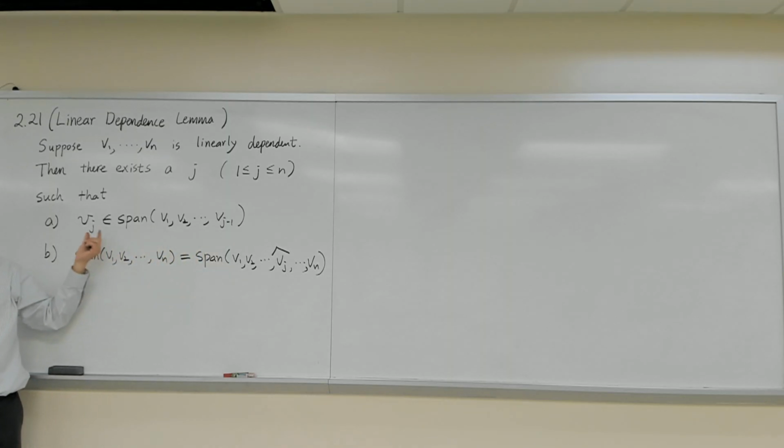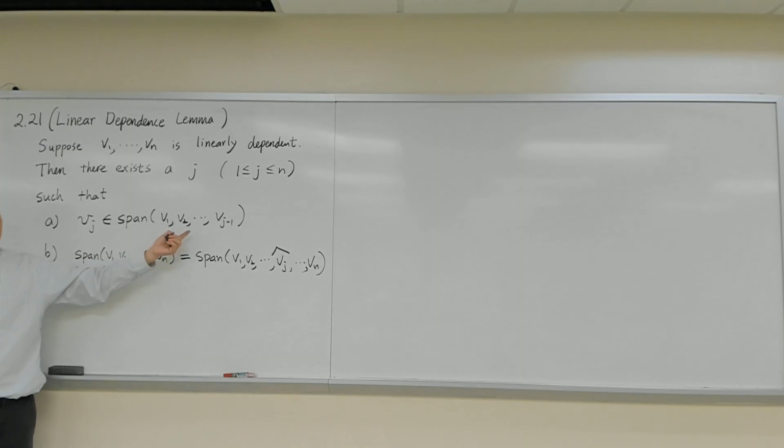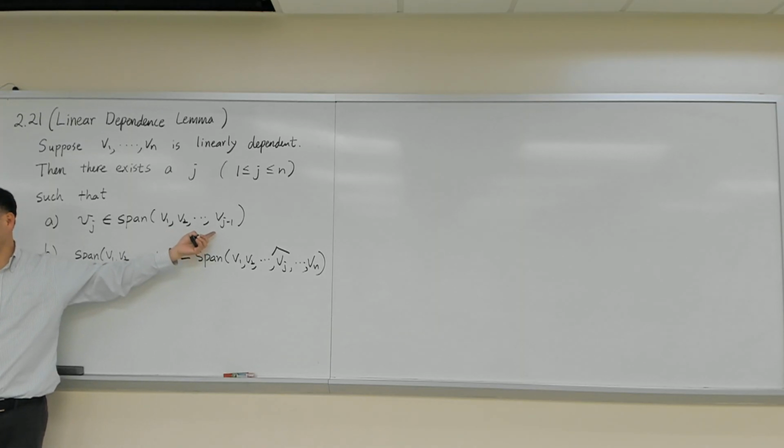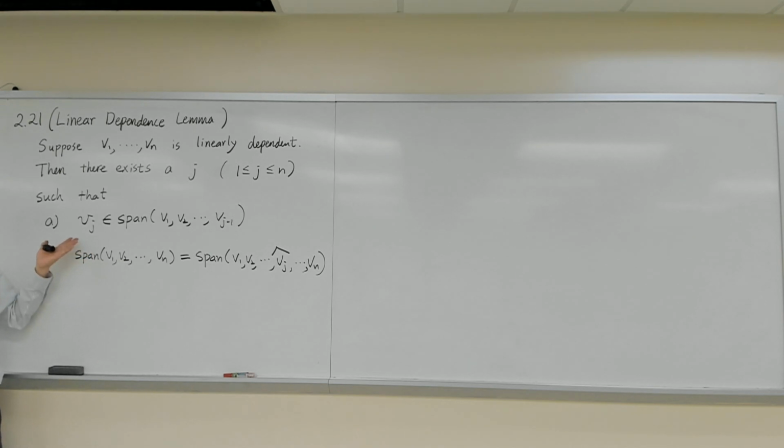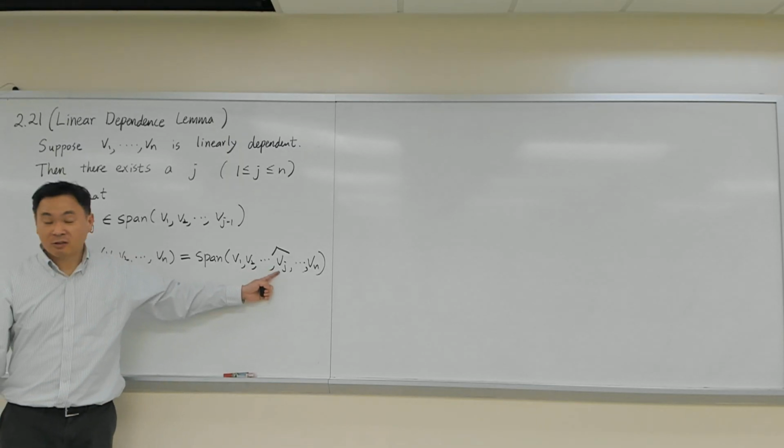What does that mean? That means Vj is A1 times V1 plus A2 times V2 up to Aj minus 1 times Vj minus 1. And that really is saying that this is dependent on the other guys. That's what this means, right? Not only that, you can then remove that vector from the list.